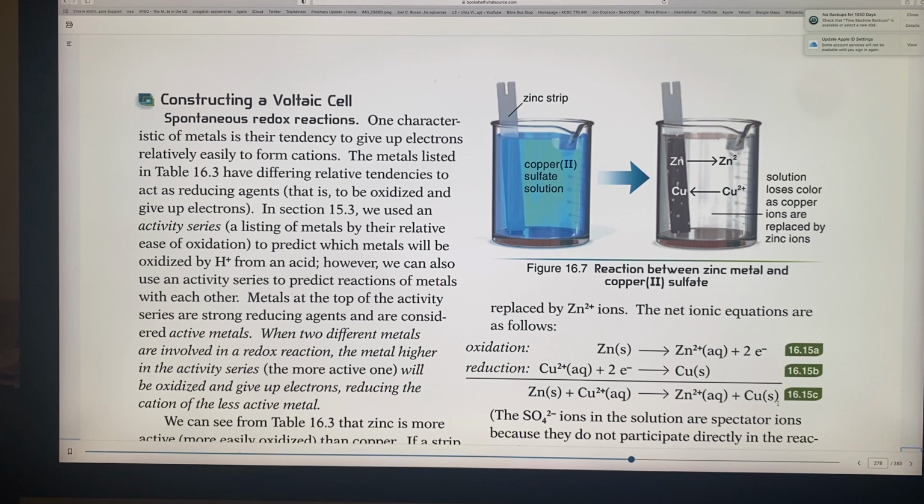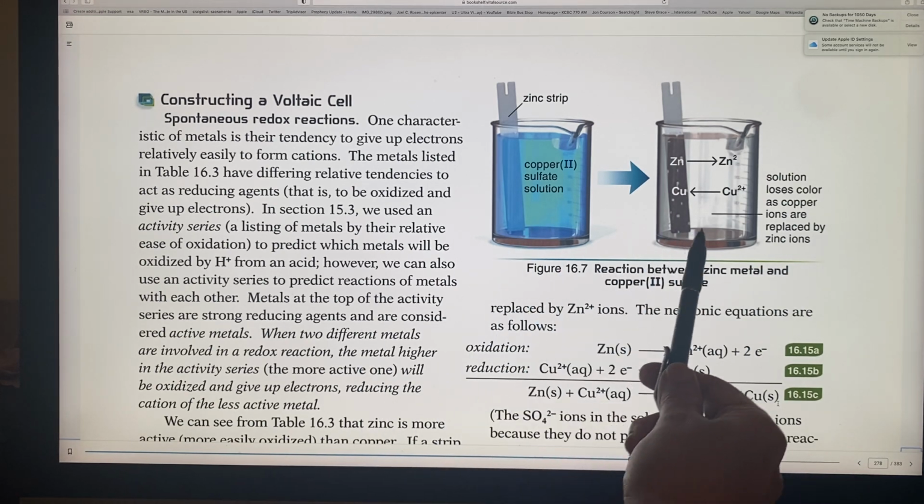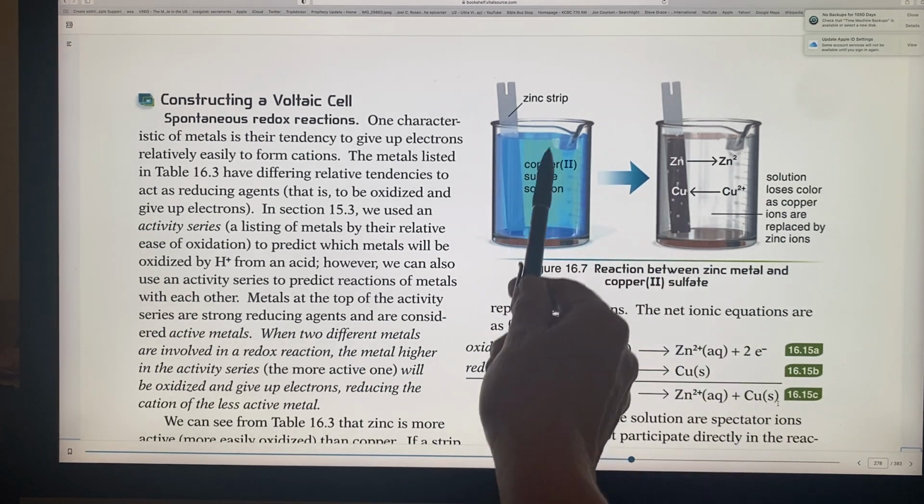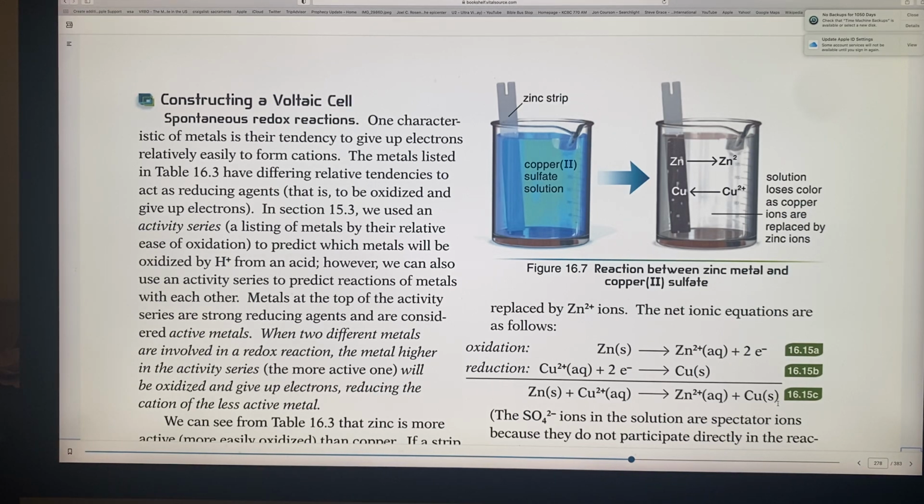But if you do the opposite, if you took a copper strip and put it into a zinc solution, zinc sulfate, which they have done before, you'd think this would react too, but it doesn't.